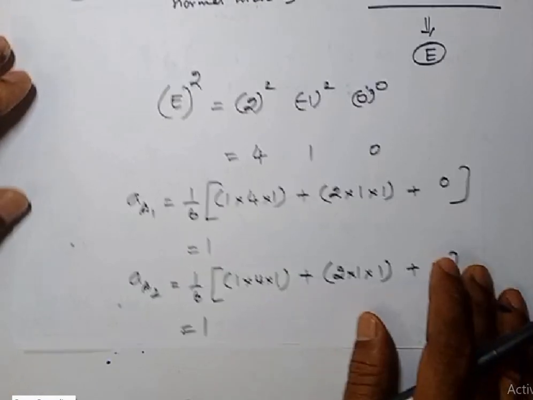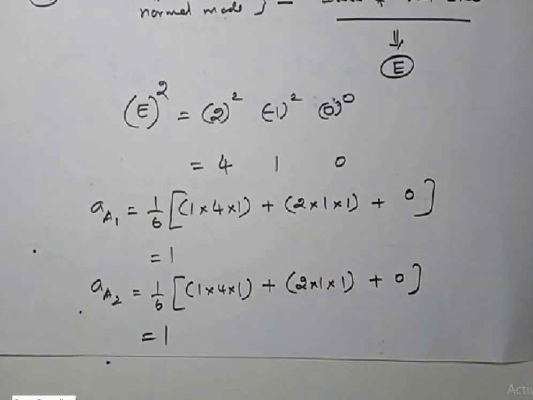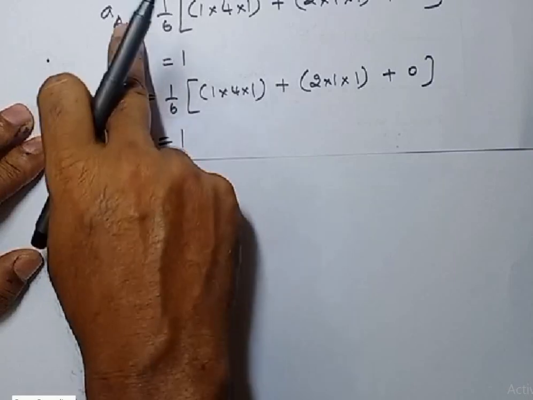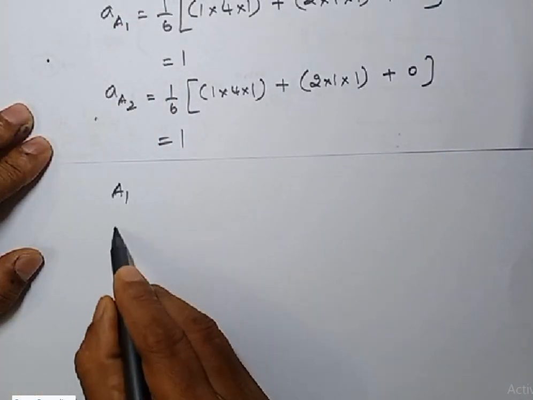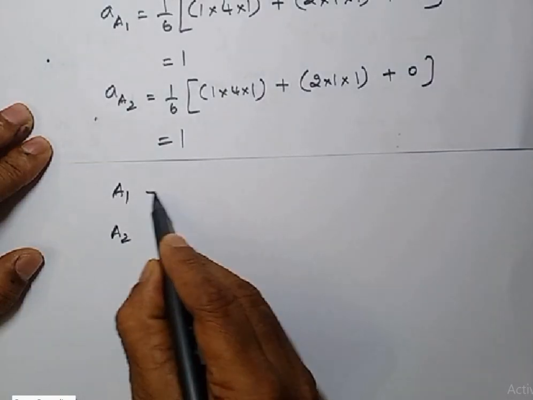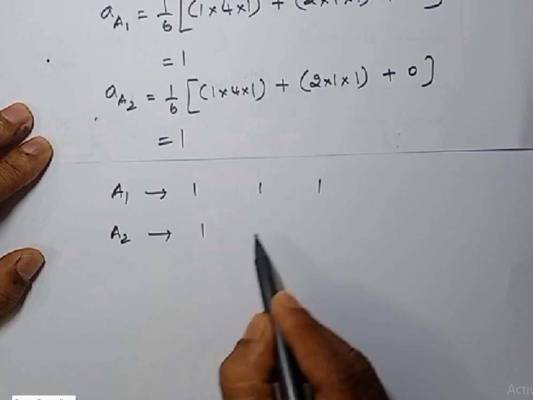Let me do it on the next page. Just copy down. Now we found two irreducible representations, A1 and A2. What are the characters of A1? 1, 1, 1. What are the characters of A2? 1, 1, minus 1.